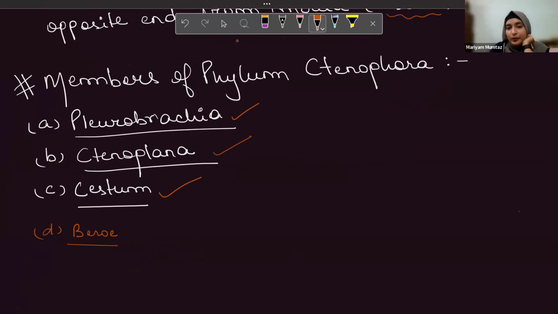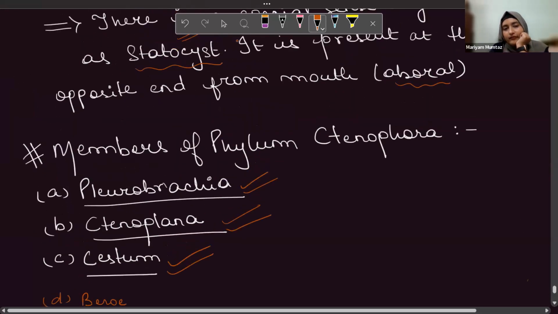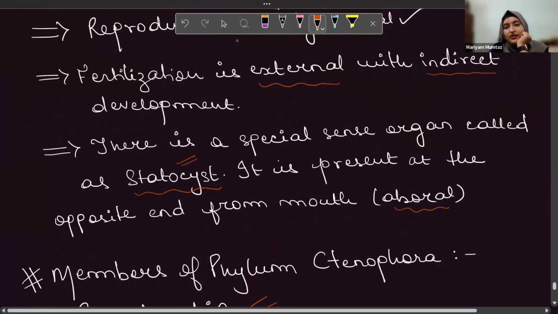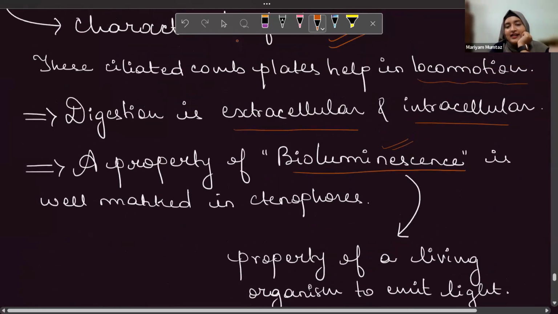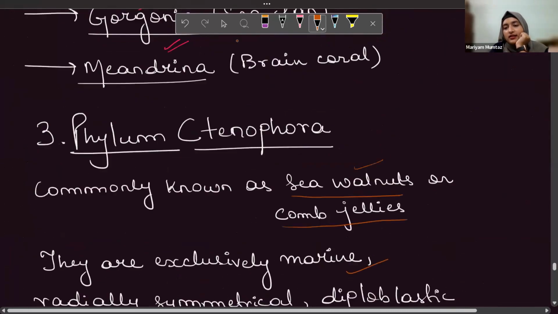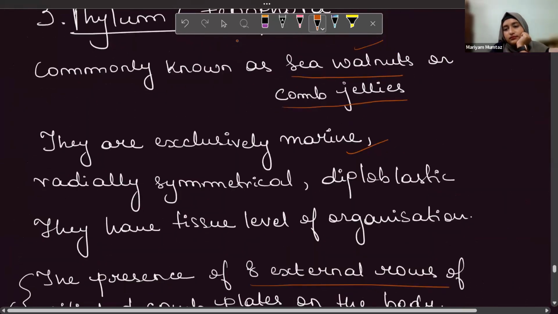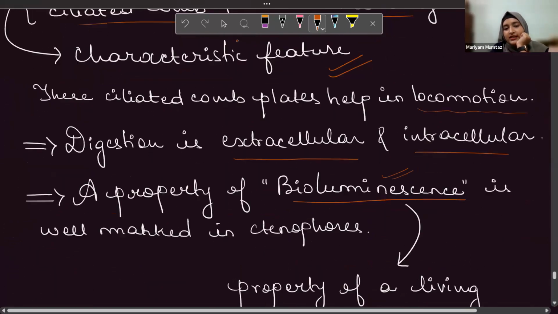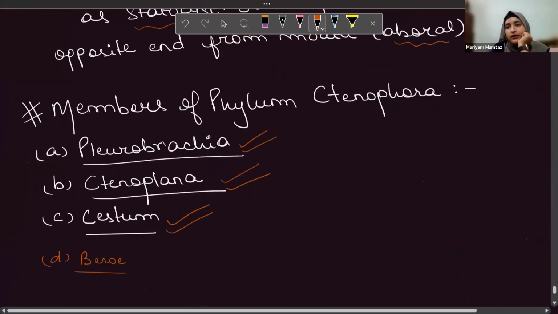So that is all about the phylum Ctenophora. This was a cute one. It is very tiny, very cute, has very special things in it, and they are commonly known as sea walnuts and comb jellies.